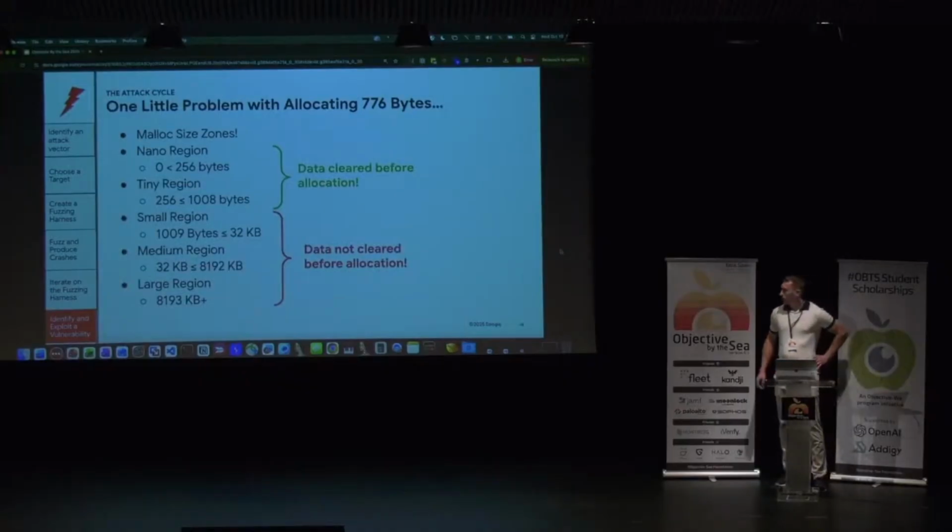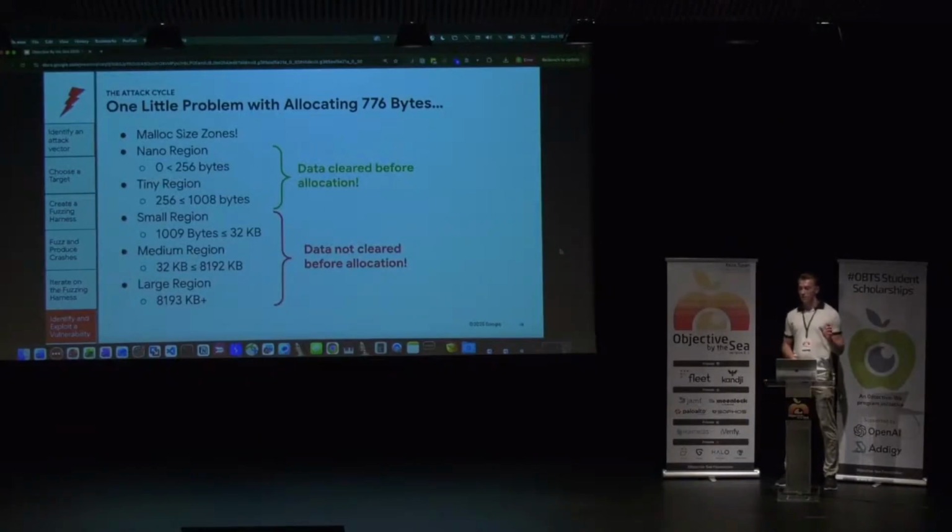So one little problem showed up after I started allocating these objects, and that was that this object was only 776 bytes. And if you know a little bit about the Apple heap allocator, there are different memory regions that are used based on the size of the allocation. So we were at 776. We were in this tiny region here.